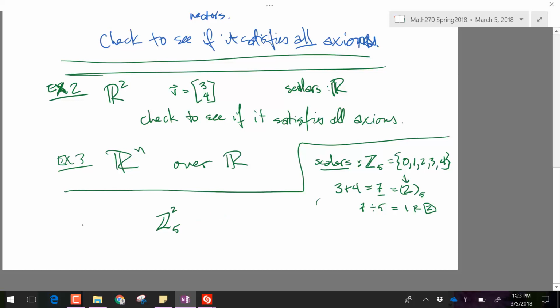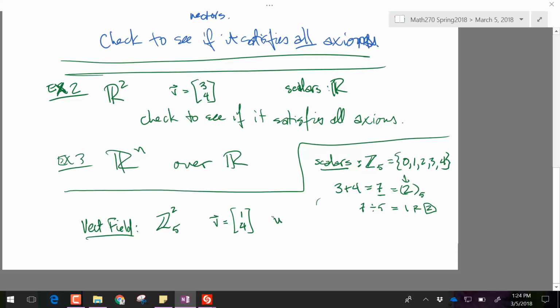You can have a vector space where you're only using these numbers 0, 1, 2, 3, 4, and then you have to go by the same rules as this. So Z5 squared, for example, would have 1, 4 as an example of a vector in there.